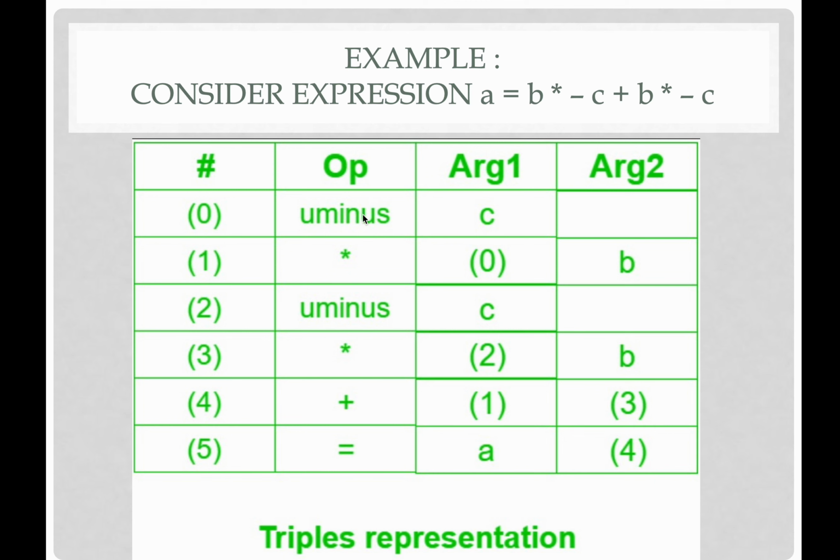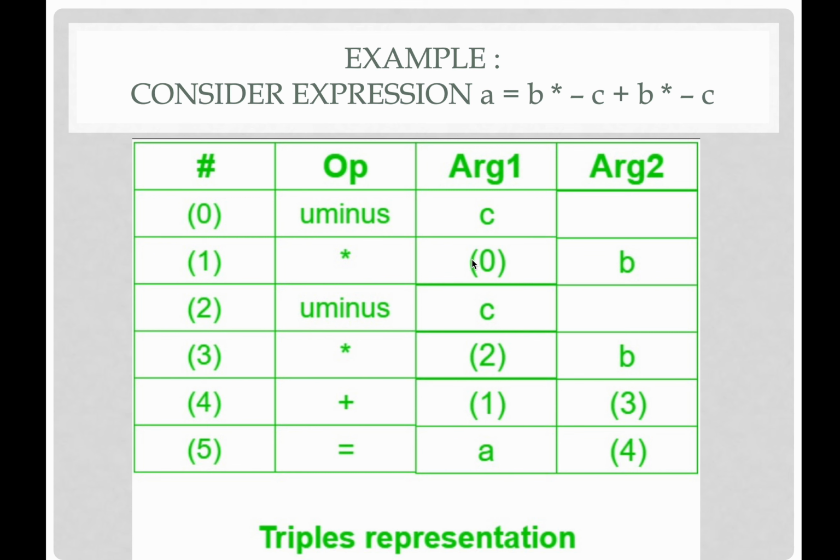So in operator we will be representing star, and in argument 1 we will write 0, meaning that column 0. Here you can use a number for the column in which the result is stored, and argument 2 is b.